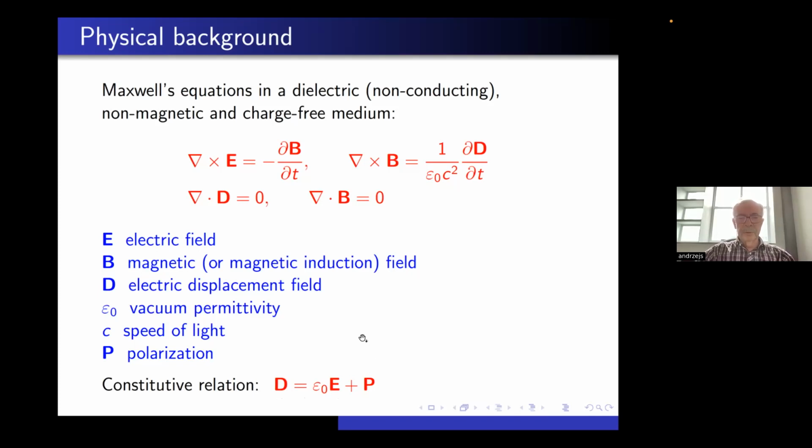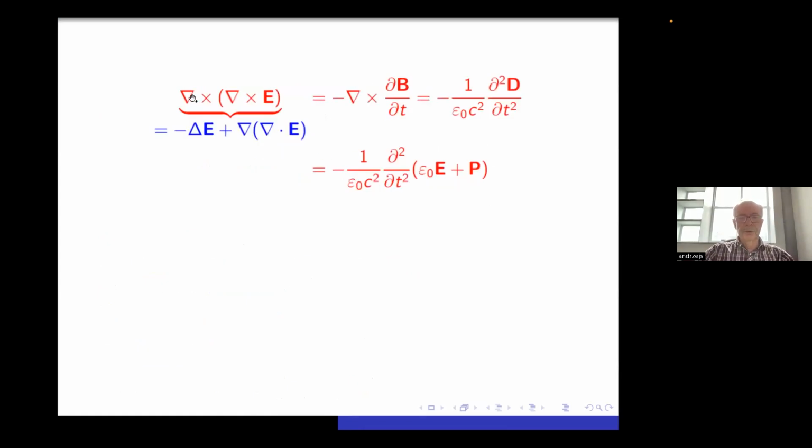And now, if we take the curl of this, we will have curl E. Here we will have the time derivative of curl B, and we can insert curl B equal to this. So the equation will look like that. And after replacing D by what it is, we will get this.